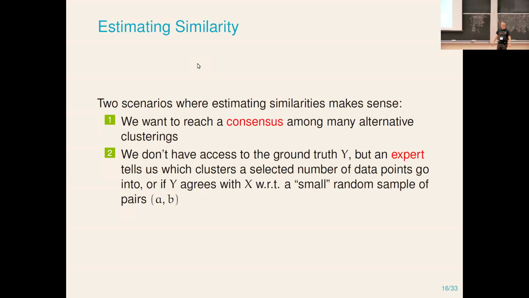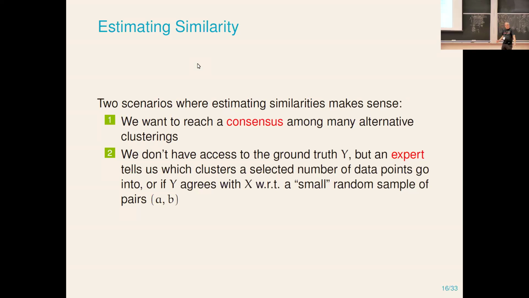You don't have the ground truth. You have to ask the experts, right? But you cannot ask them, oh, classify this 1 million points for me, classify this homologous database into classes, into clusters.